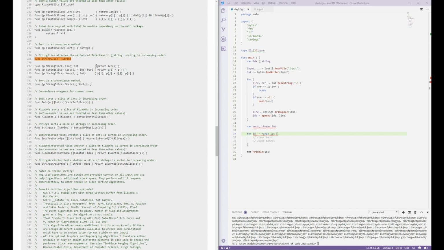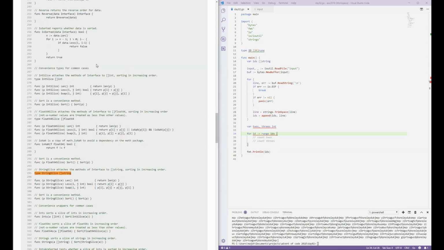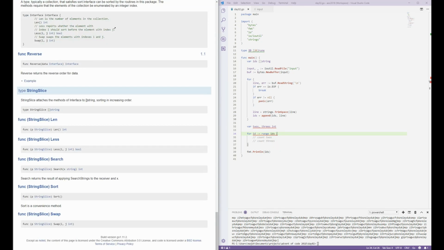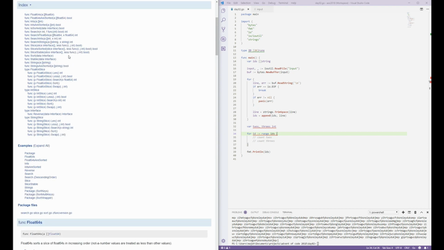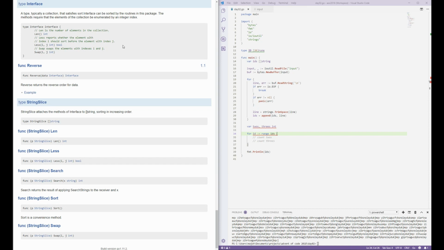Okay, so string is implementing the compare interface, whatever that's called. Type interface.